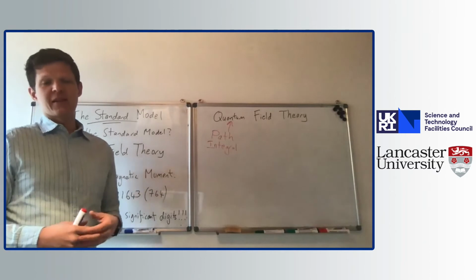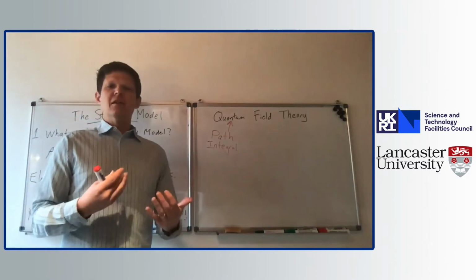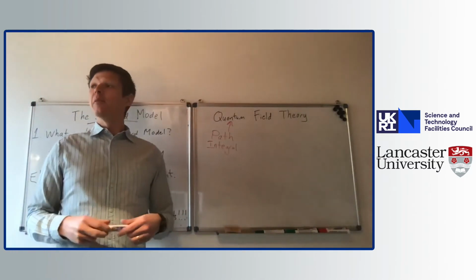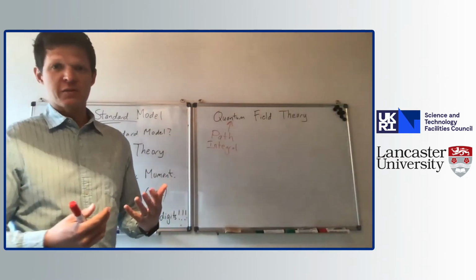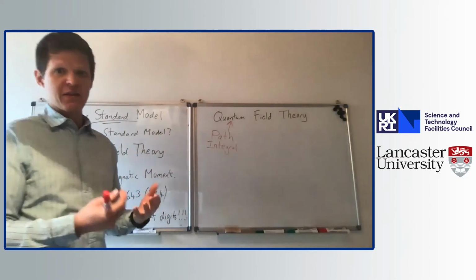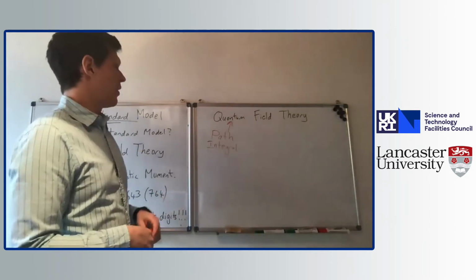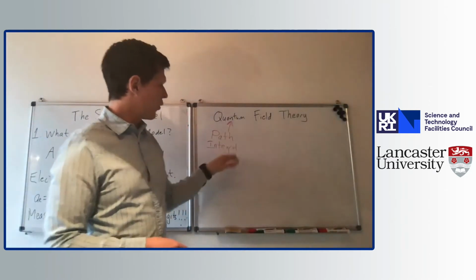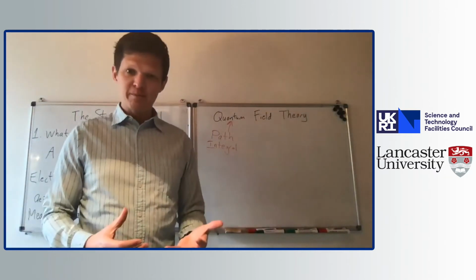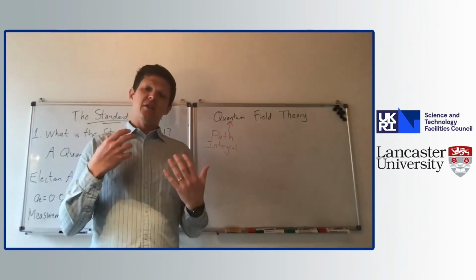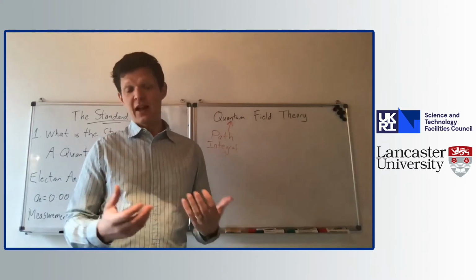But I like the path integral approach because it reveals, I think, a little bit more clearly certain structural aspects of what's making a theory really quantum. So when I say quantum field theory, quantum means that there's going to be a path integral, and that path integral will matter.